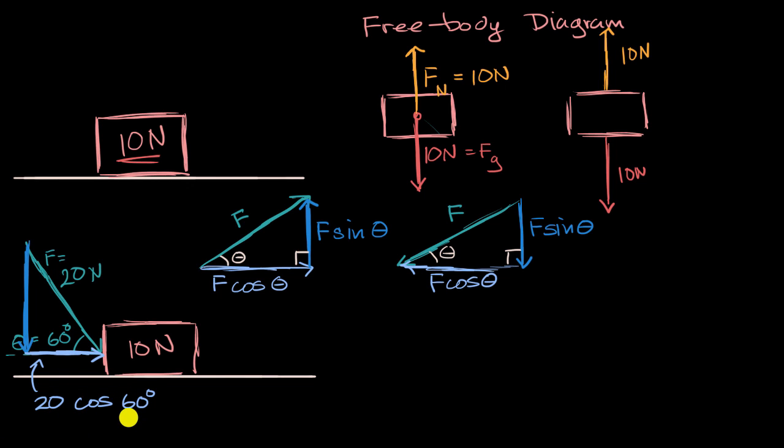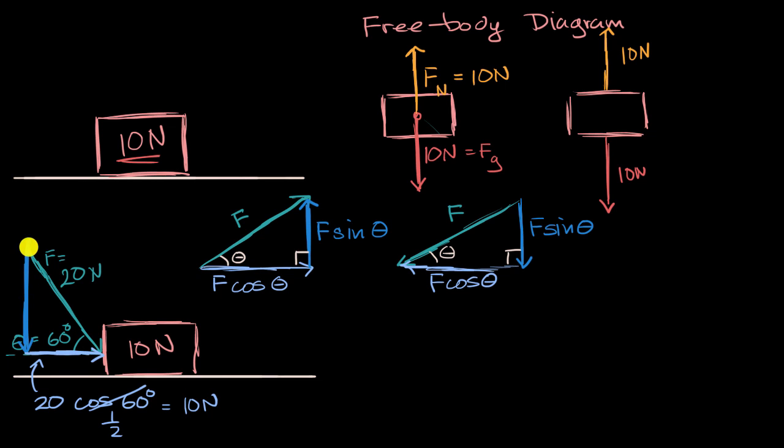And it's really helpful in both trigonometry and physics classes to know the values of your sines, your cosines, and your tangents at angles like 0 degrees, 30 degrees, 60 degrees, 90 degrees, 45 degrees. You could use a calculator here, but it's useful to know that the cosine of 60 degrees is 1/2. So 20 times 1/2, this is going to be equal to 10 newtons.